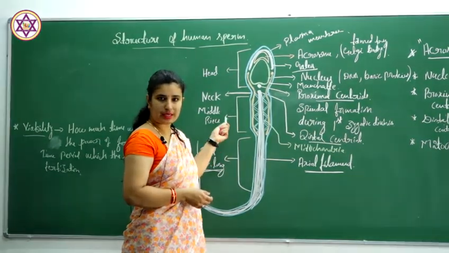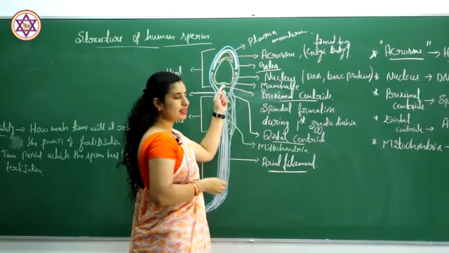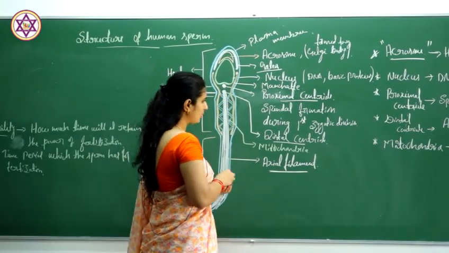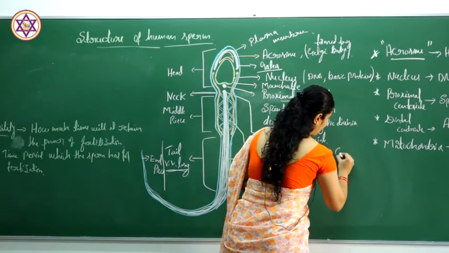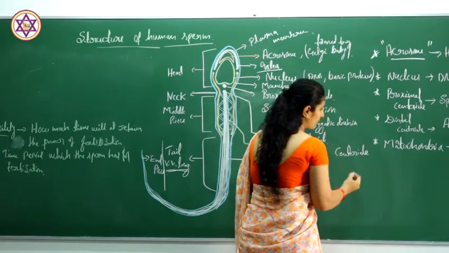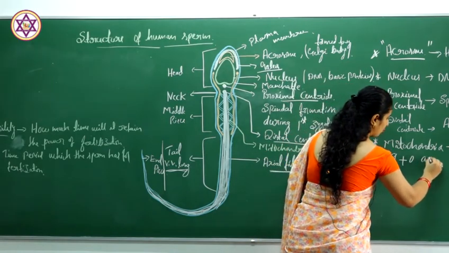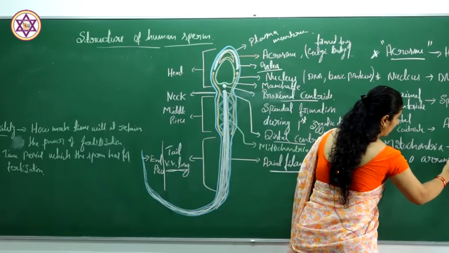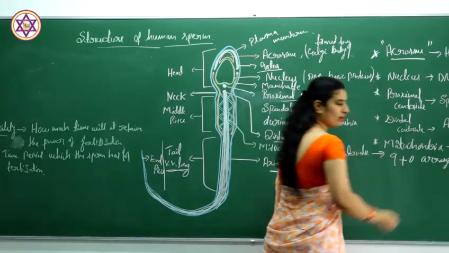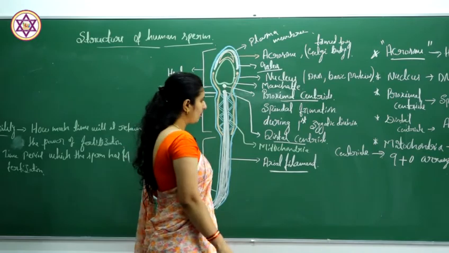One more important thing I forgot to tell: the centrioles have a 9+0 arrangement.